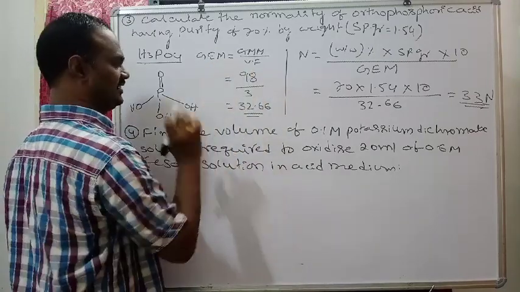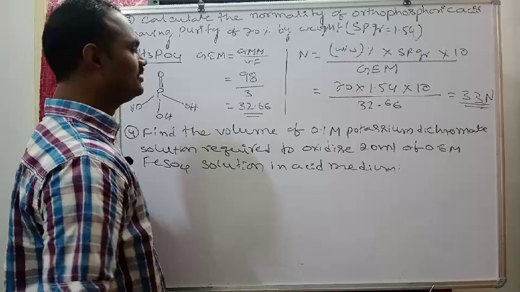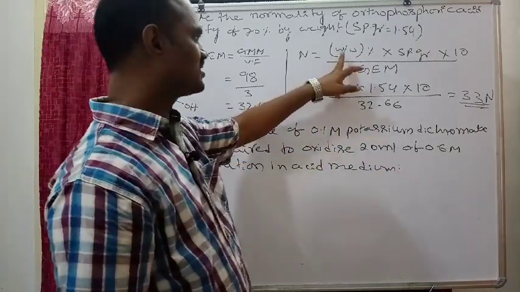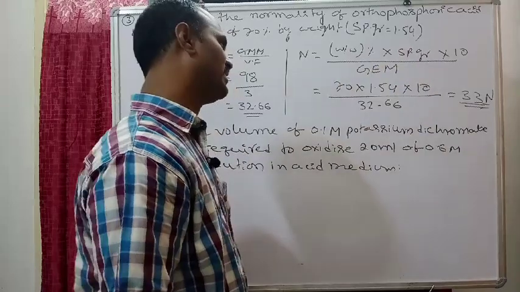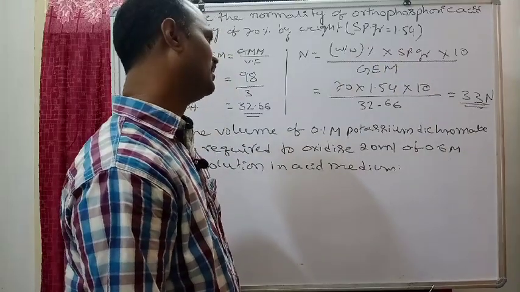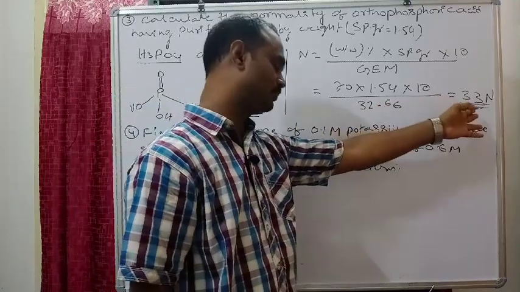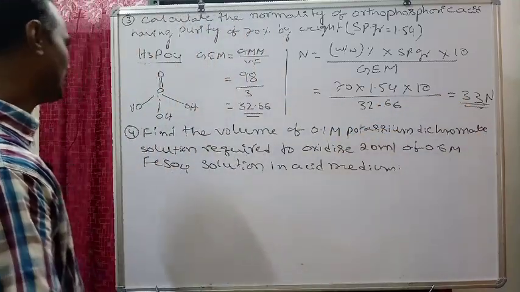Molecular mass 98 by 3, 32.66. Now the normality formula: mass percentage into specific gravity into 10 by gram equivalent mass. After substituting and simplifying, we are getting 33 normal.